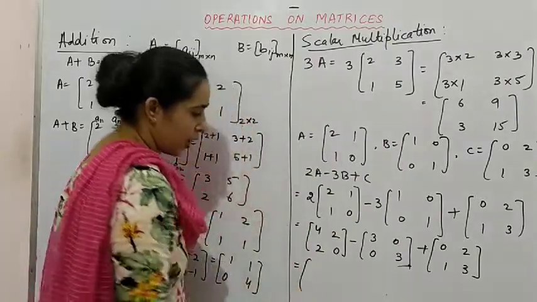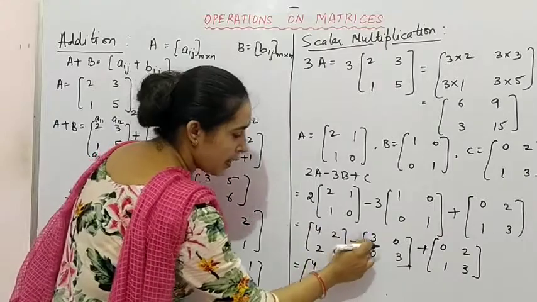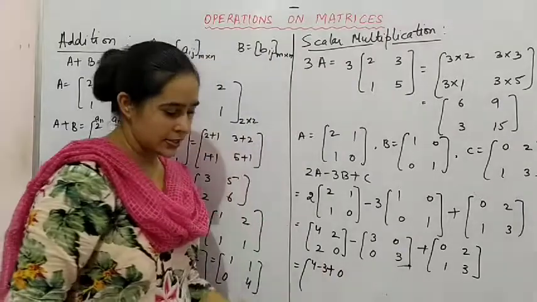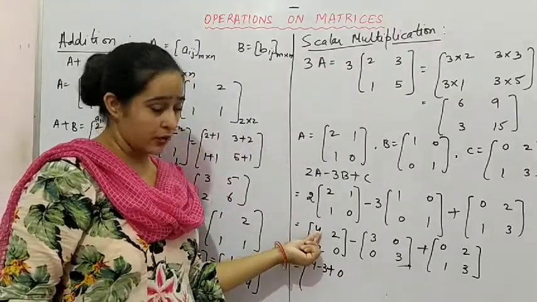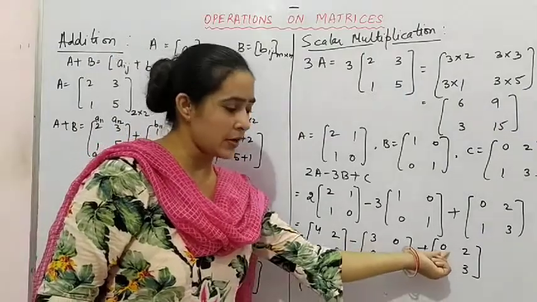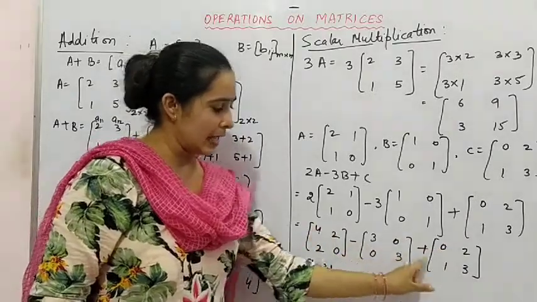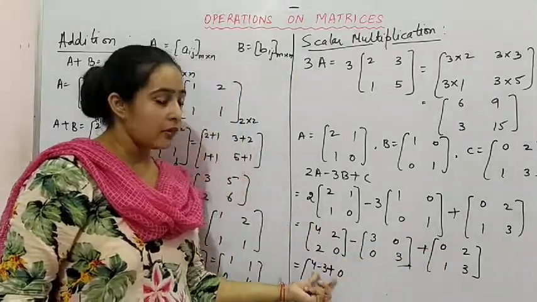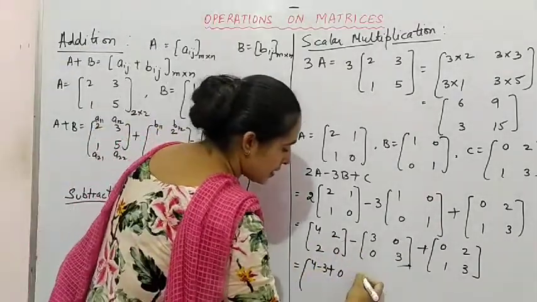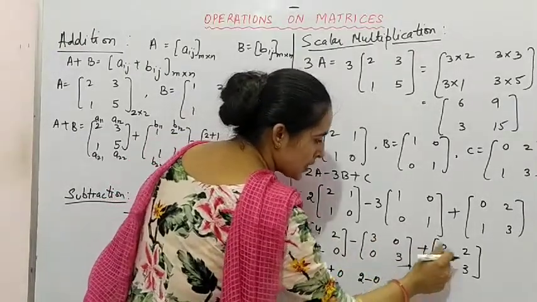Now simply you have to subtract and add here. So we shall get 4 minus 3 plus 0. Operate the corresponding elements. This is the element in first row first column, in each of the three matrices. So we are operating these elements and we shall get the first row first column element here. What will be the next element? That is the first row second column element, 2 minus 0 plus 2.